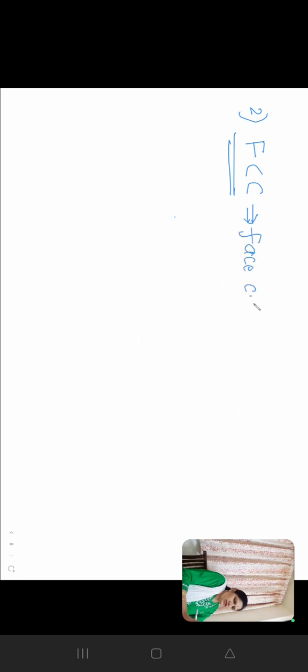In the cubic cell, the first type we have done is the simple cubic cell. And next is the face centered cubic cell, FCC, that is face centered cubic cell. Now we'll draw the diagram of the face centered cubic cell.